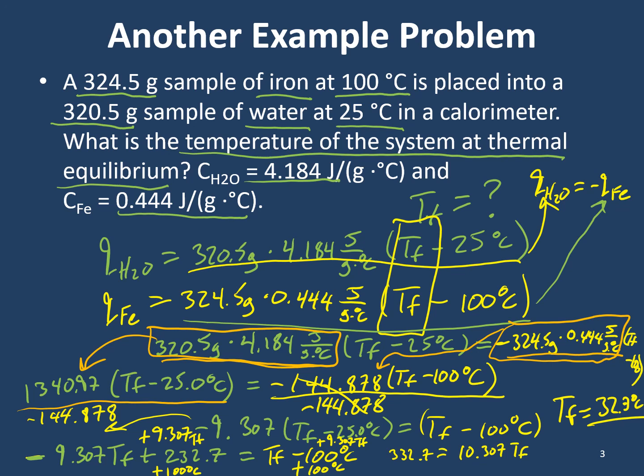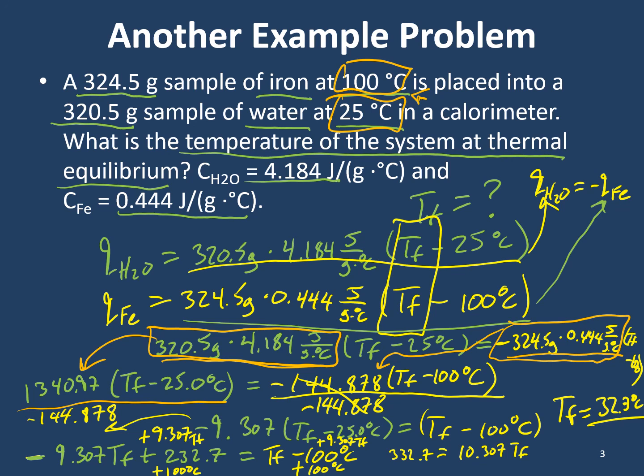All right, so that is a little bit more of a complex problem. The algebra is definitely a little bit more messy than the previous problem, but still pretty doable. One of the things to think about here is because of our initial temperatures, 100 starting for the iron and 25 for the water, we know that the final temperature has to be somewhere in between these two values, right? Because if you added cold water to a hot piece of iron and its temperature went up, that would be weird.